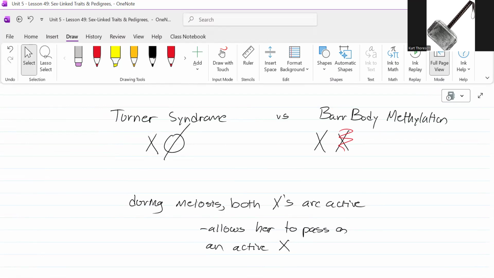A human is supposed to have 46. All of you have 46 chromosomes, but girls, one of your X's is just shut down. I gotta stress this so much. It's there, it's present, it's just turned off. There's a big difference between having something and it being turned off versus not having that something at all. And that's what was facing my Aunt Diane, the difference between Turner syndrome and Barr body.